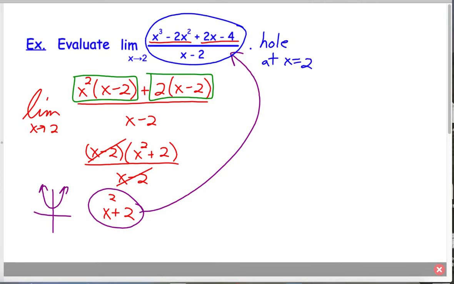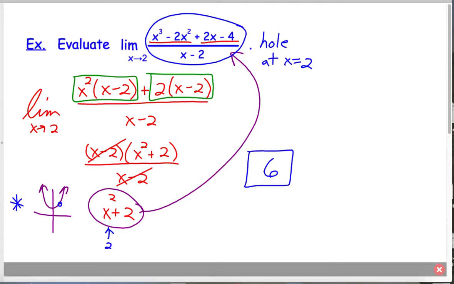And so if I graph that original rational function, it would look exactly like this parabola I drew down here, except it would have a hole in it at x equals 2, which would be somewhere over here. So I can actually look at the simplified version, which is almost the exact same graph, and now I could plug 2 in for x there. 2 squared is 4 plus 2 is 6. So I'm guessing the limit is equal to 6.